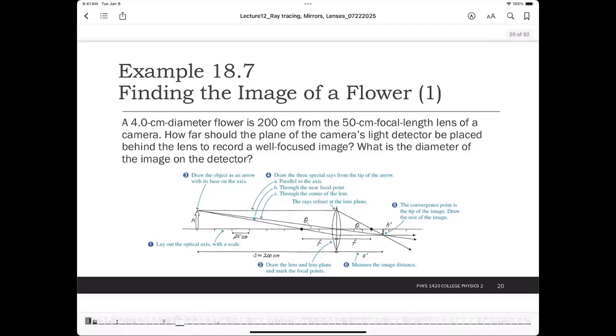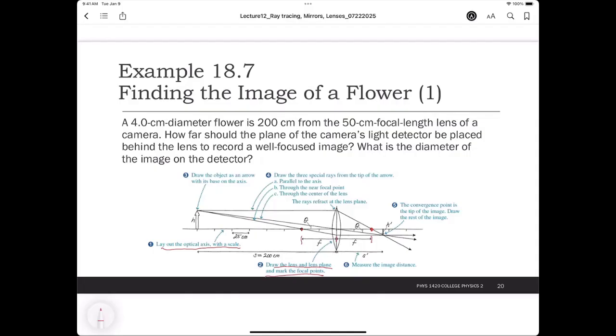You can see, first, you need to lay out the optical axis with a scale. Then you draw the lens and the lens plane and mark the focal points. Here is the near focal point, here is the far focal point, and this is the focal length.